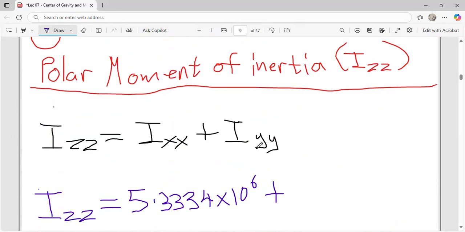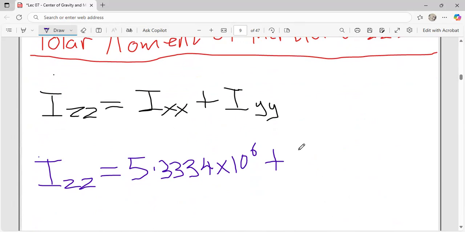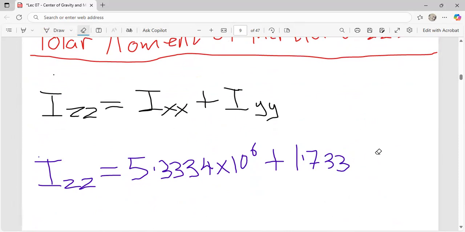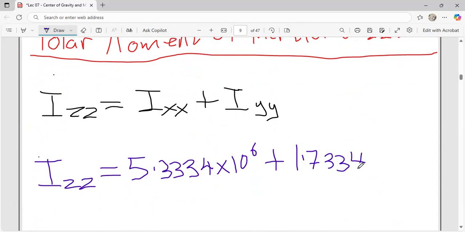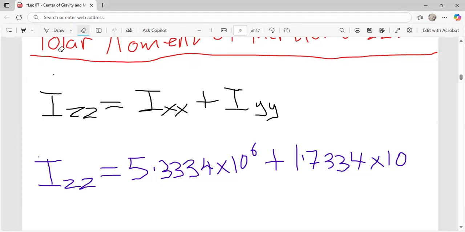We see it. So that becomes 1.7334 times 10 exponent 6.